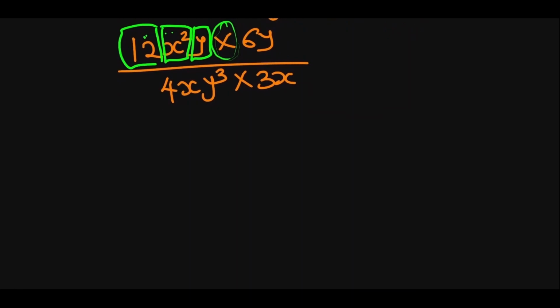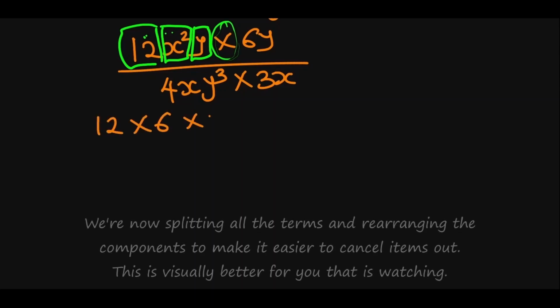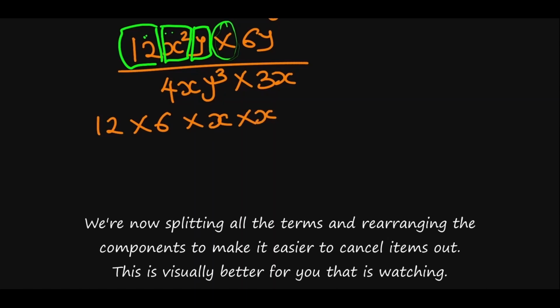Let's move all the numbers together and all the letters separate, and then separate the letters as well. So we have 12 times 6 times x times x. This x times x is coming from this x squared here, times y times y.